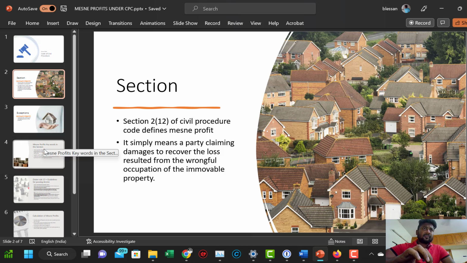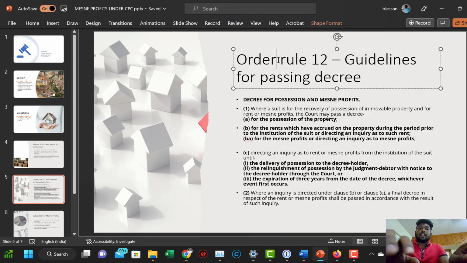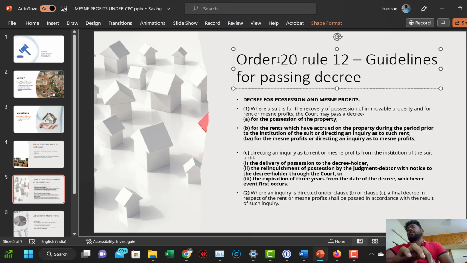I told you Section 212 defines Mesne Profit, whereas Order 20 Rule 12 gives guidelines for passing the decree. Generally courts pass a decree of Mesne Profits when there is a suit for possession of immovable property, or when Mesne Profits itself is claimed. There are various guidelines given for Mesne Profits by the Supreme Court, which give wide discretion in the hands of the court to determine Mesne Profits.